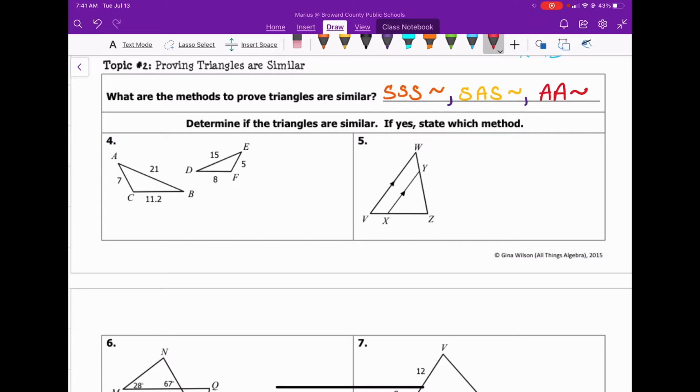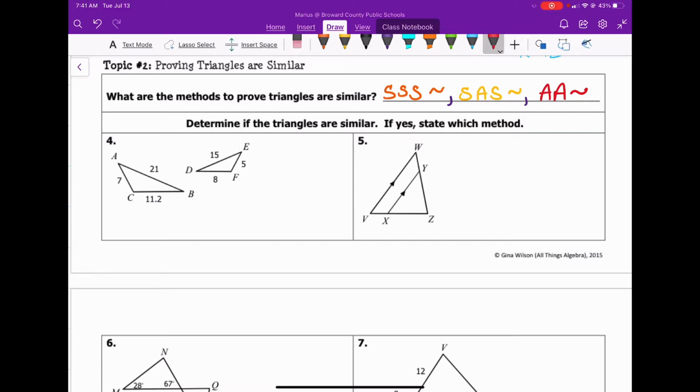Let's take a look at number 4. Number 4, they give us all the sides of each of the triangles. So what we need to do is see if our proportions are equal to each other.